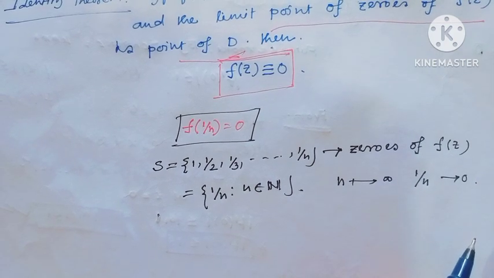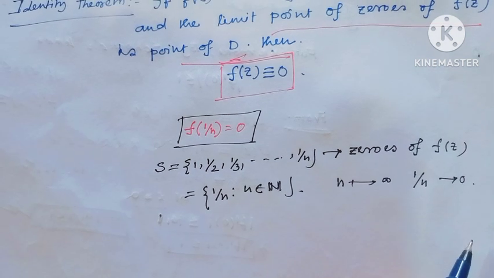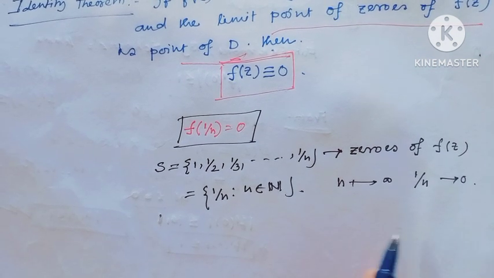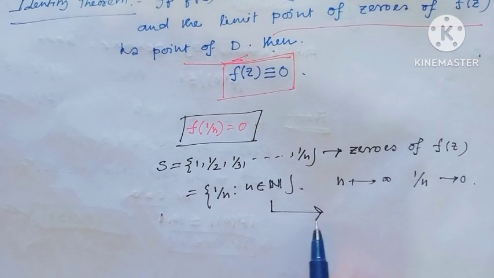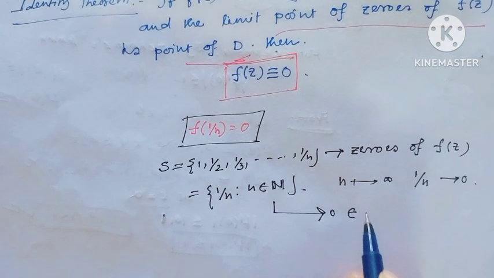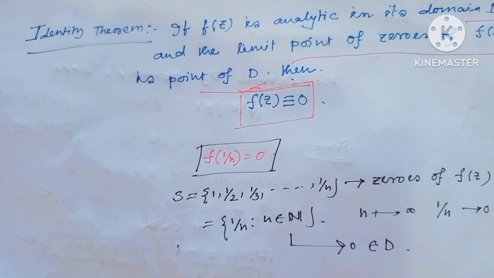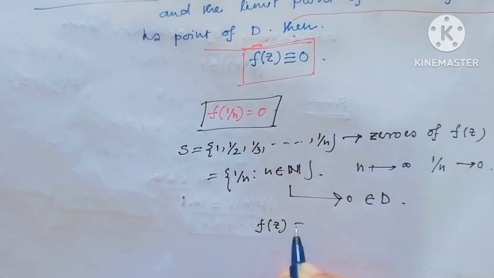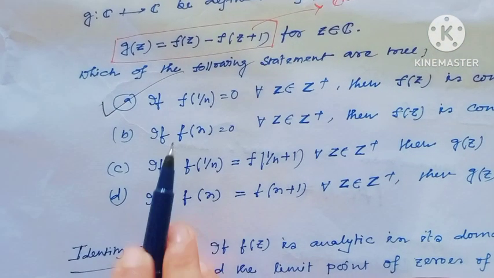That means the limit point of zeros of f(z) is 0, which belongs to the domain D. So by the identity theorem we can tell f(z) is identically equal to 0. So option A is the right option.